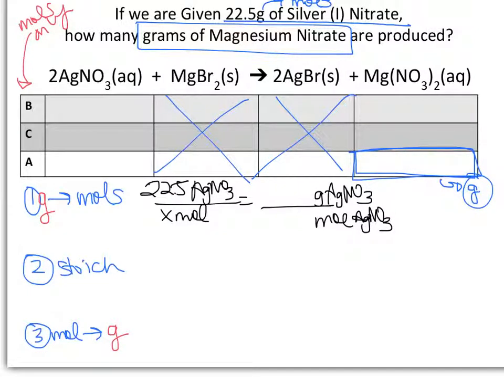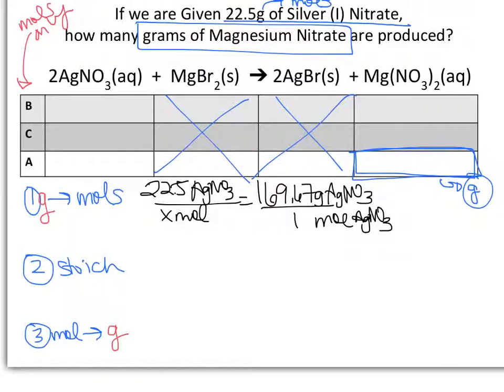Now, on the right side for our conversions, it'll always be 1 mole. And then in terms of gram, we're going to have to add up the molar mass of silver nitrate. We'd add up the Ag plus the N plus the 3 O's. And we would get 169.67 grams for every 1 mole.